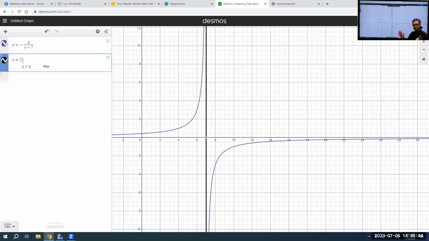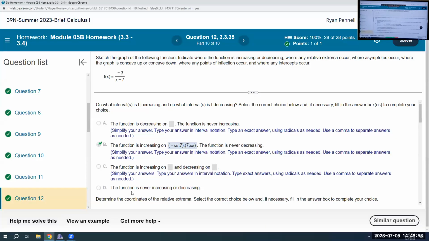Even though it's discontinuous, I don't think that's ever decreasing. So where is this increasing? Well, we saw from the graph, negative infinity to 7, and 7 to infinity, you can see where it splits. X minus 7 cannot equal 0. X cannot equal 7. There is our vertical asymptote. So where is it increasing? We saw from the graph, it's increasing in 2 different places.